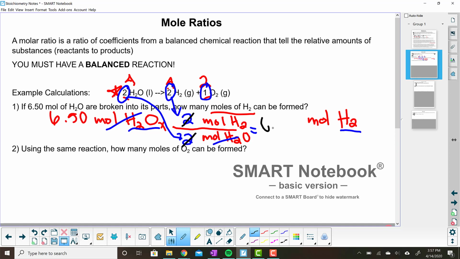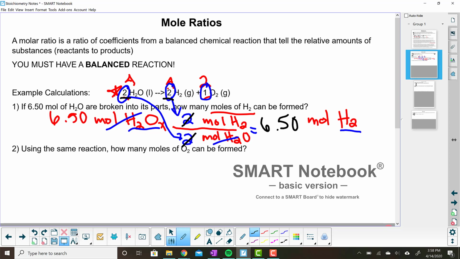So we are going to end up with 6.50 moles of H2. That's how many moles of hydrogen can be formed if I start with 6.5 moles of water. Because if you look at our reaction up here, right, 2 moles to 2 moles. It's the same number. So however much water I start with is how much hydrogen I can end with.